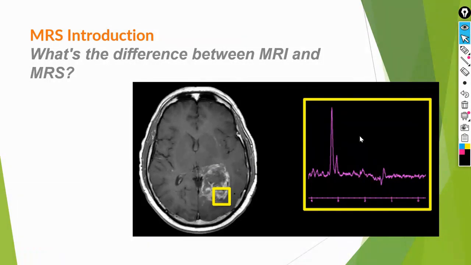I can receive a frequency or a signal from a proton present in creatine, for example, or in choline. These substances I keep mentioning are very important as they provide information about my pathology within the body. For instance, if I have a tumor, a specific pathology or problem increases the concentration of certain metabolites while decreasing others.